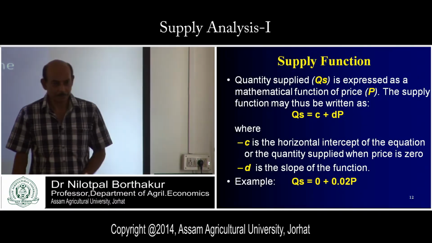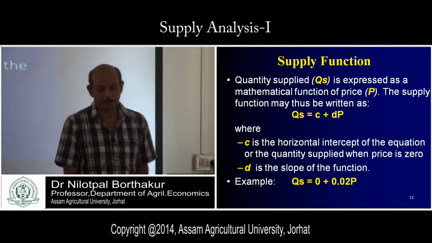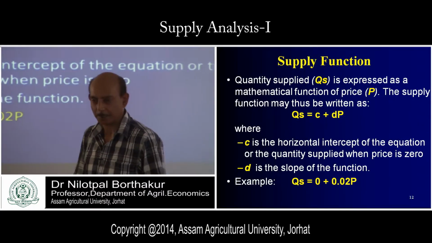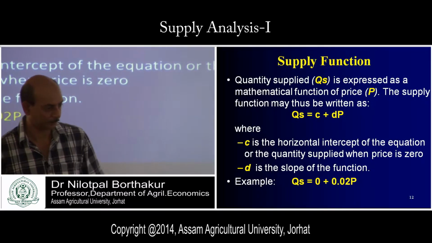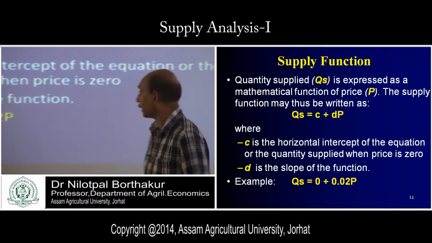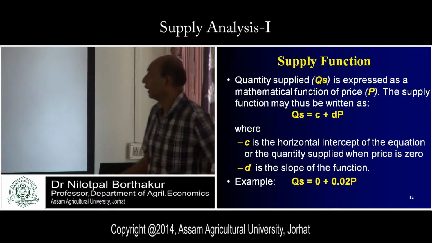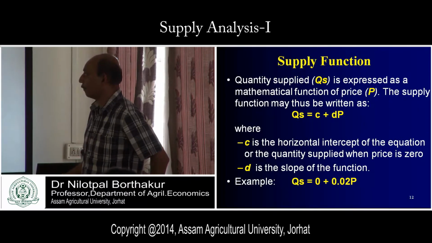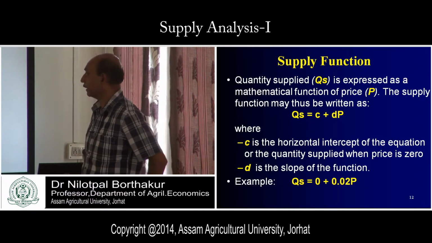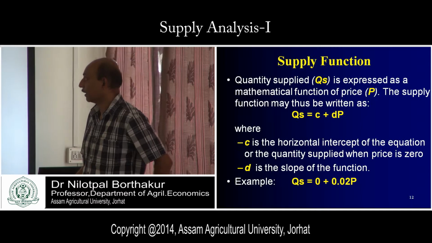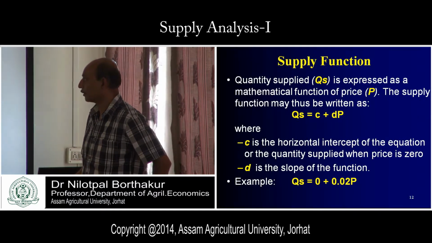Now the third form of representation of the relationship between price and the quantity supplied is the supply function. In case of the supply function, quantity supplied is expressed as a mathematical function of price. The supply function can be written as Qs, quantity supplied, is equal to c plus dP.